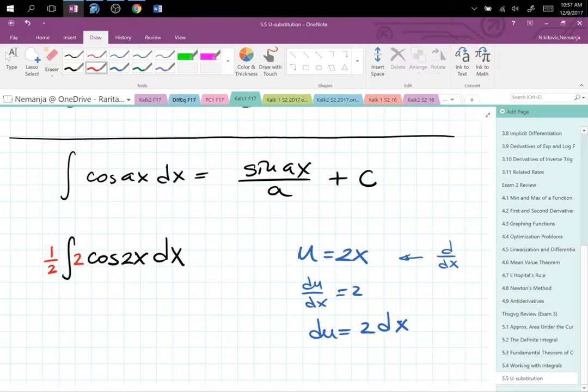I hope you see that I could have done that with the 3's earlier. Put 1/3 in front and then 3. The 3 will be absorbed by du, and 1/3 stays, which was in the answer.